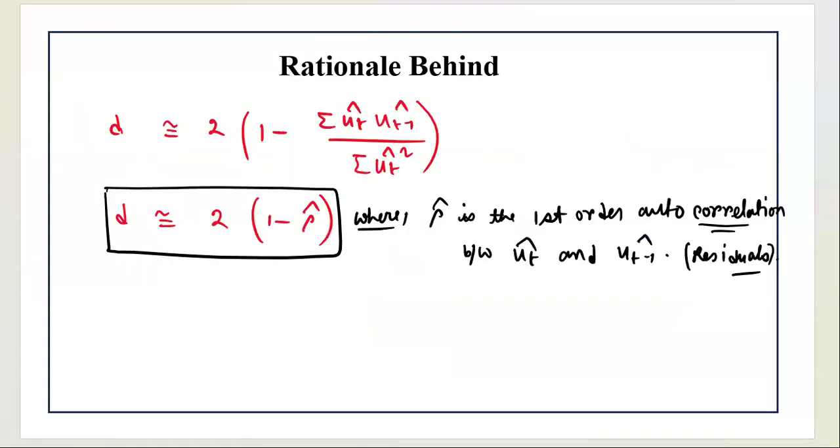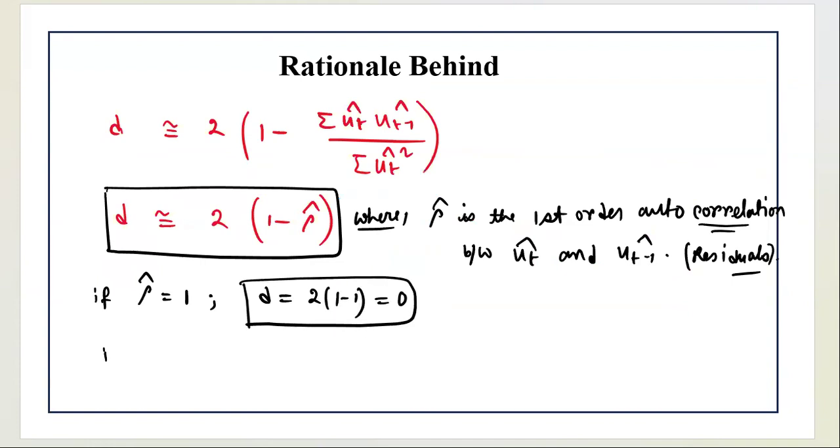If that is the case, then what will be the bound for D? So let's take the values. If the value of rho cap is exactly equal to 1, what will be the D value? 2 into 1 minus 1, that is exactly equal to 0. And if the rho cap value is -1, then what will be the value? 2 into 1 minus minus will be plus, so 2 into 2 is 4.